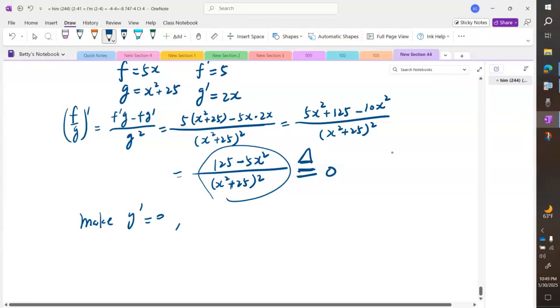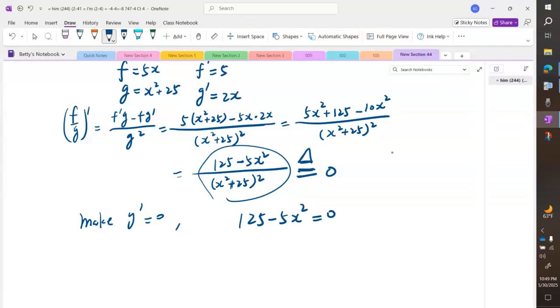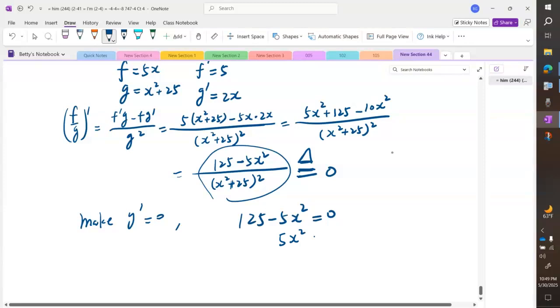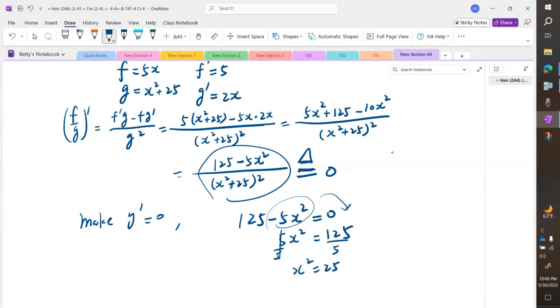So in order for the quotient to be 0, the numerator has to be 0. Okay, solve this equation. We have 5x squared equals 125 divided by 5. We have x squared equals 25. I skipped a few steps. You move this term to the right, you have positive 5x squared equals 125.